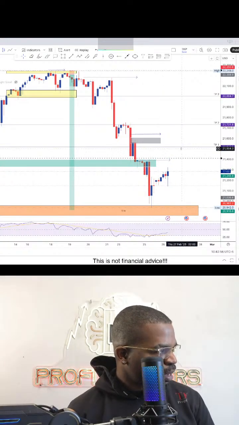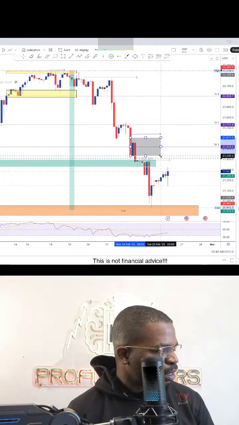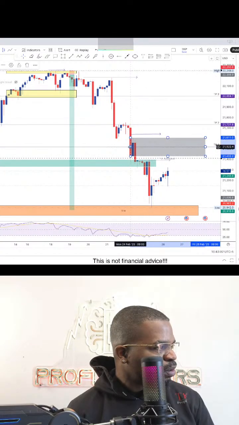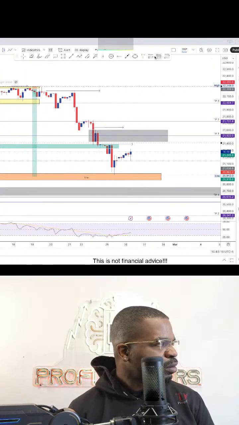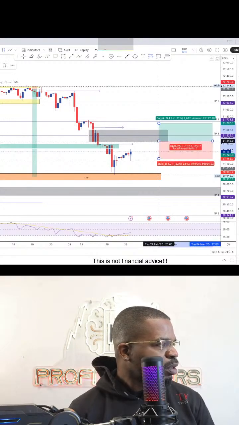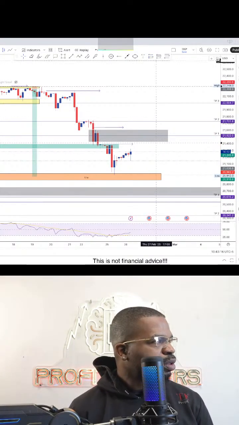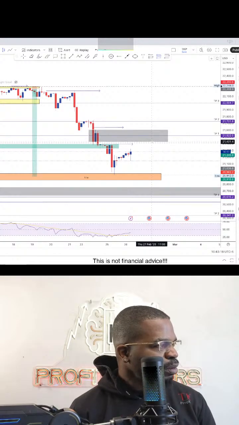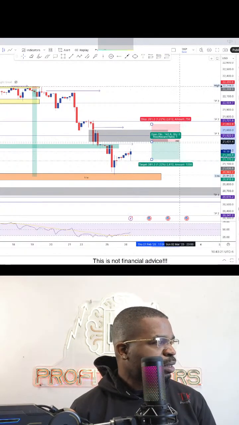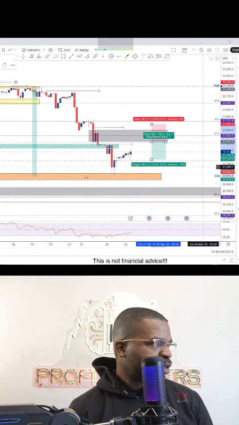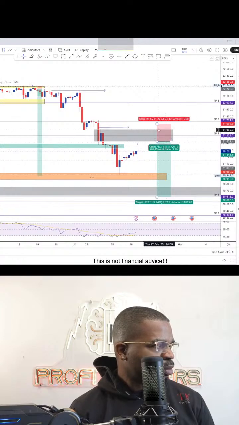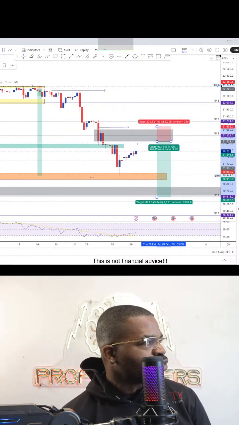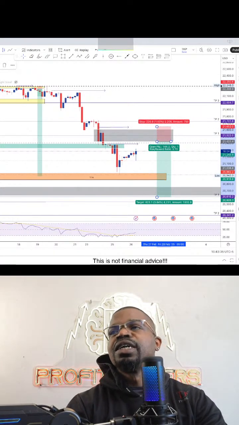Right here above these highs right here, we're gonna look for an entry right here. Let's see if we can go to a smaller time frame and refine that entry.